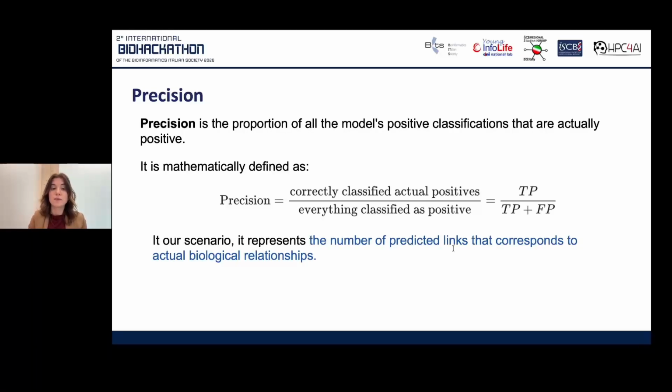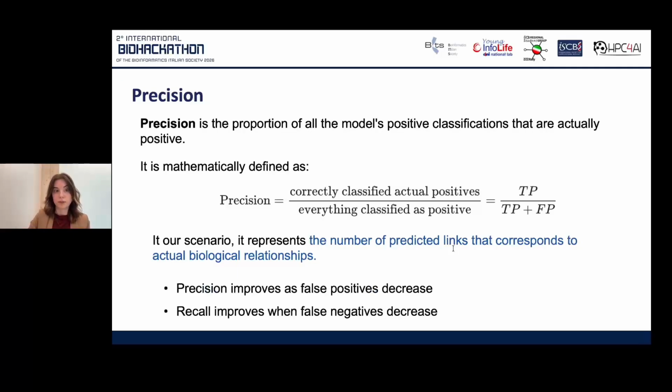In our scenario, it will represent the number of predicted links that correspond to actual biological relationships. So, precision improves as false positives decrease. Recall improves when false negatives decrease.